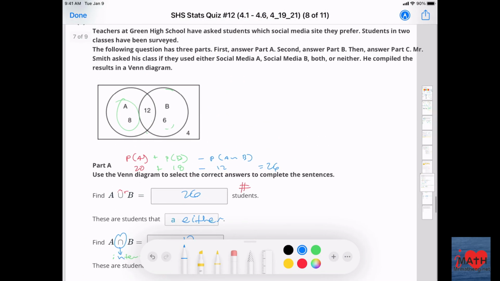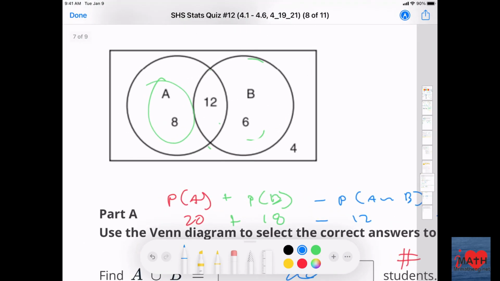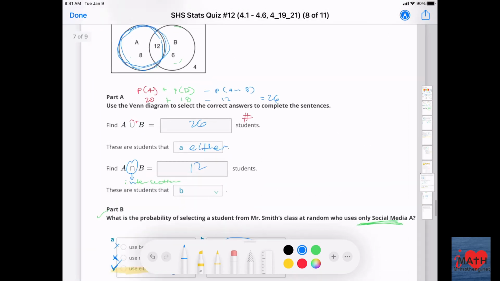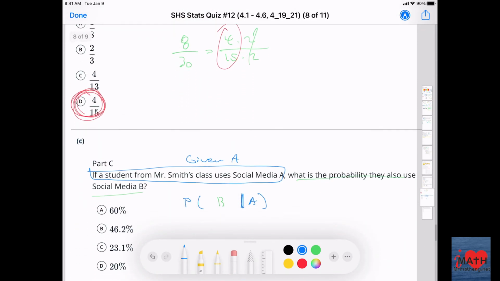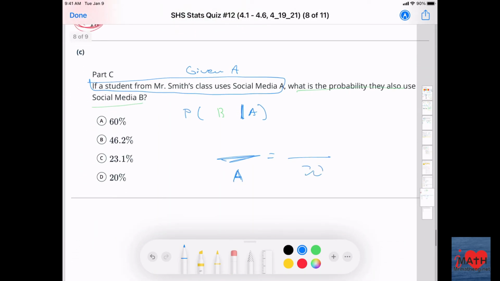So let's go back up here. How many people are only in A? Let's erase this part. This is part A, right? So given A, they only use social media A. That's how many people. A plus 12 is what? 20. Let's write that 20. Okay, now we have to look at in just A, how many are B?